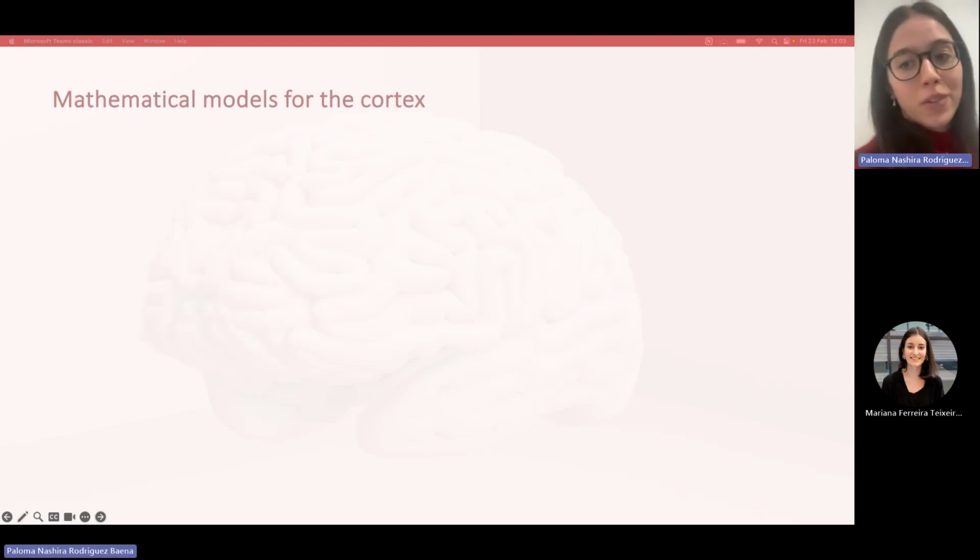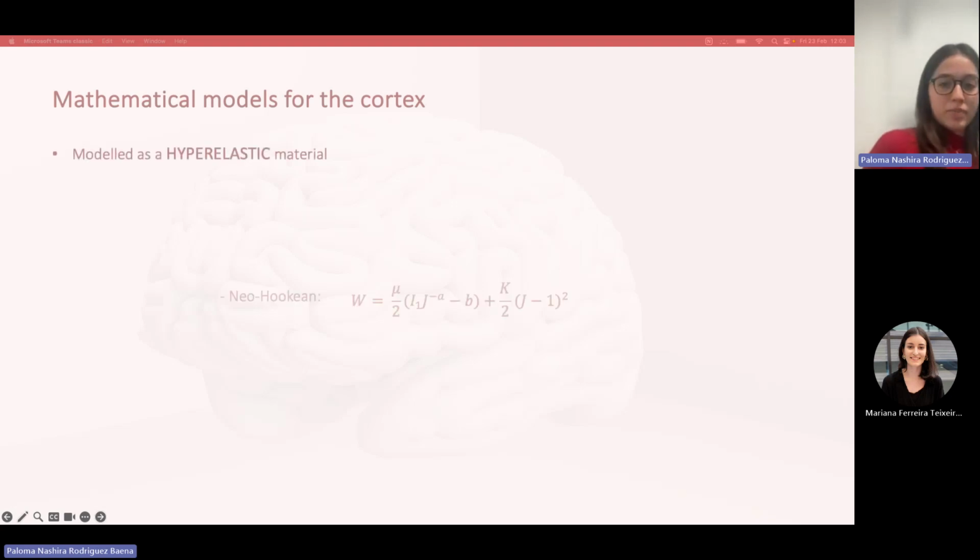The mechanical response of the brain cortex when it undergoes deformation is characteristic of a hyperelastic material. So we can use hyperelastic models. A very commonly used example of a hyperelastic model for brain modeling is a Neo-Hookean model.